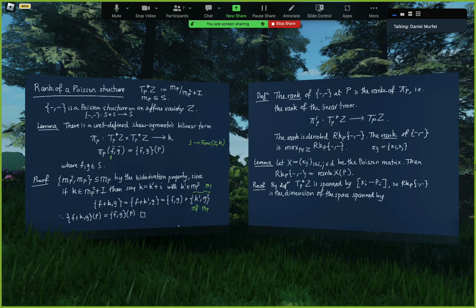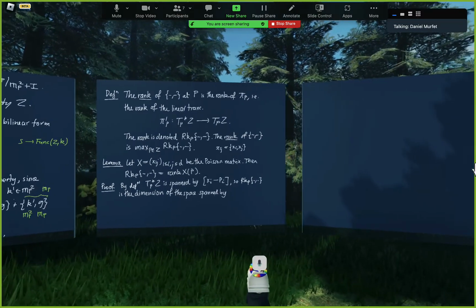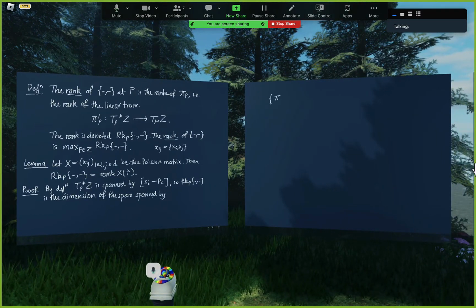now for a calculation. Well, the image, as I said, under pi p prime of this as a subspace of TPZ. And here, recall that I'm allowed to think of this as sitting inside TPAN. That's useful because I know a good basis for that.